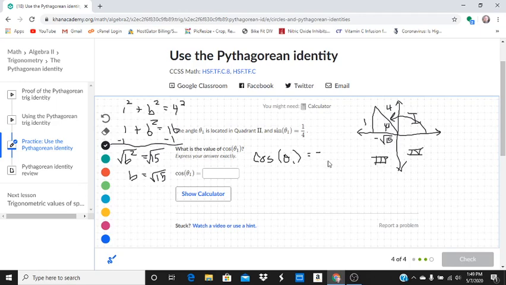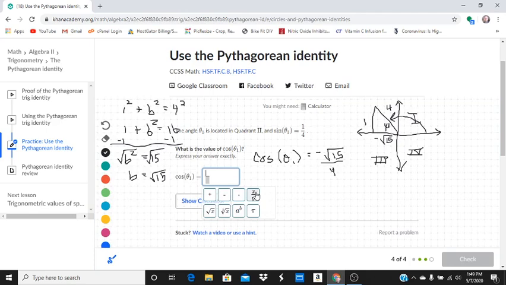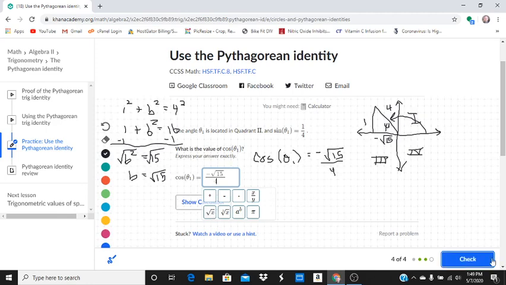So slightly less than 4, if you want to think of that as a number. So negative square root of 15 over 4 is going to be our cosine value over the hypotenuse. All right, we're going to do negative, use this for our square root, 15. Come down to the denominator, put 4, check our work.